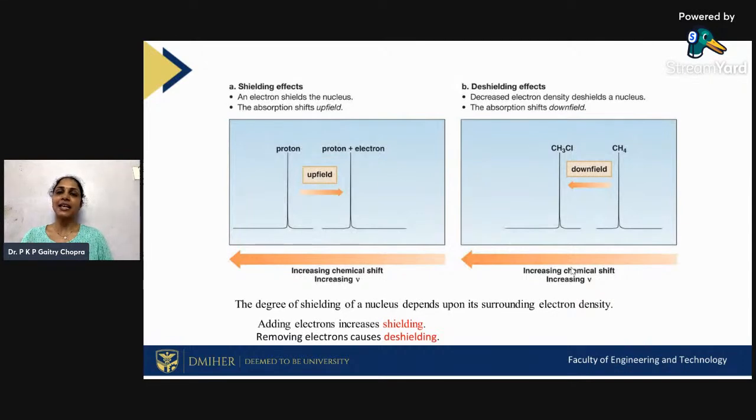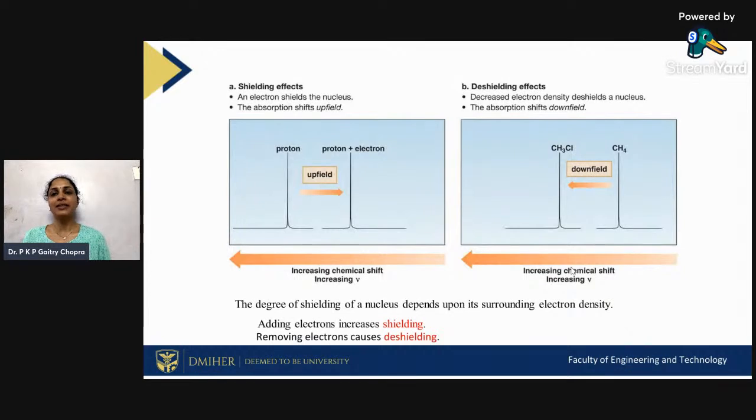So this means the electrons have shielded your nuclei. And in such cases, as already said, a larger amount of energy will be required, and we will say that this type of signal or this type of proton will show an upfield shift in its signal.